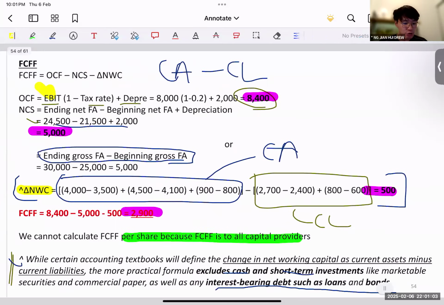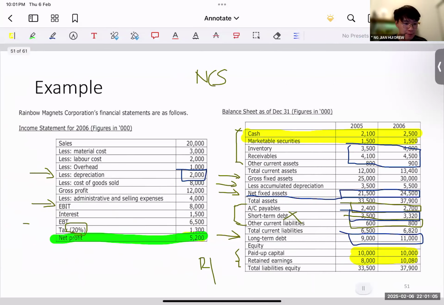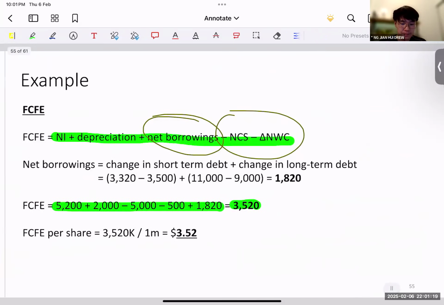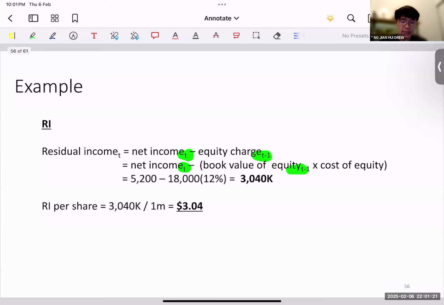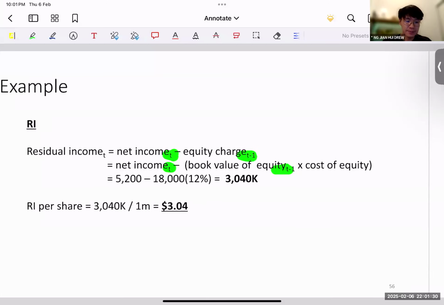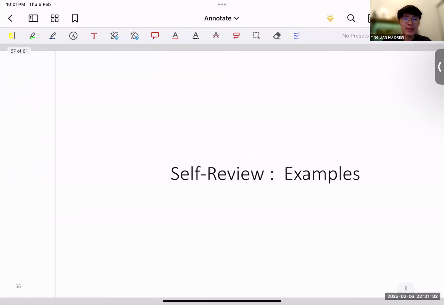So I'm just going to flip back to show you the figures of your T minus one equity, which is this one here. Okay, your 18K. Residual income.